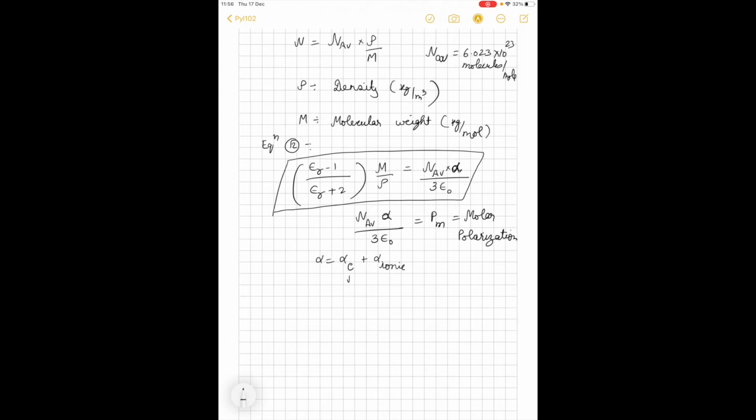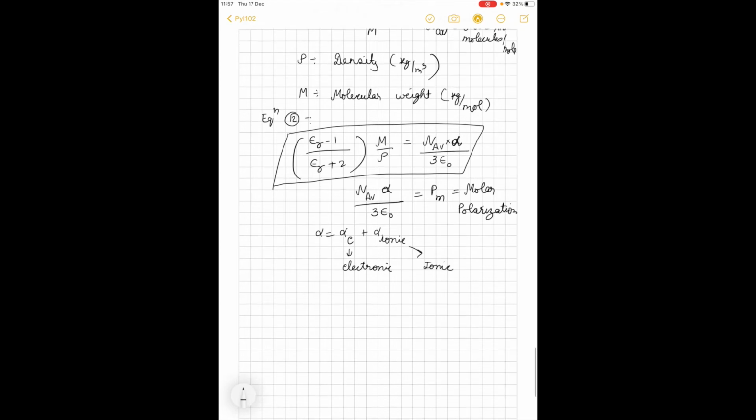This is the electronic part and this is the ionic part of the polarizability. We are more or less done with the Clausius-Mossotti equation, which is really important because it relates microscopic and macroscopic quantities. We have also seen that this equation is not valid for polar materials like water or some ferroelectric materials.